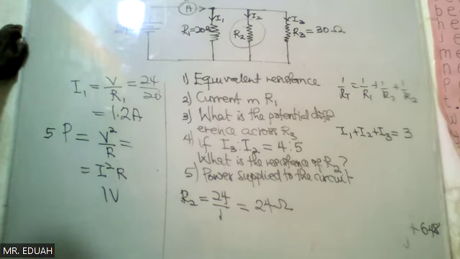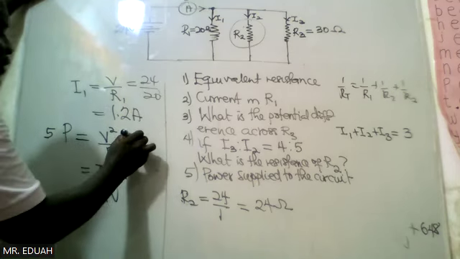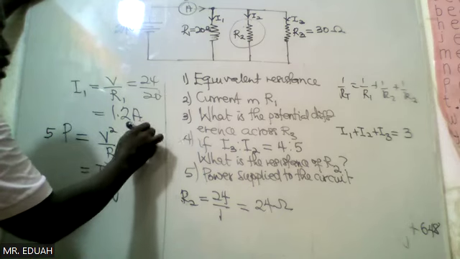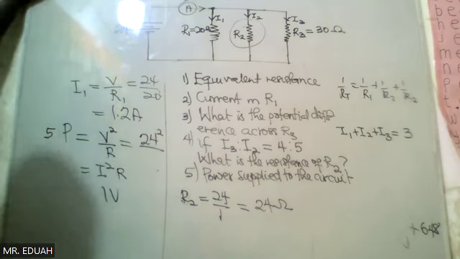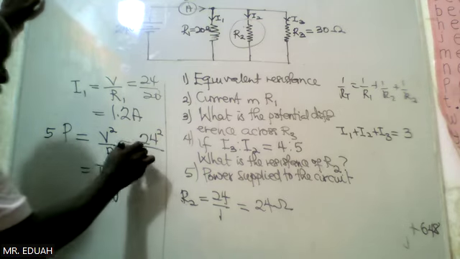If we are to use V squared on R, V is 24 squared. What is the total resistance or the equivalent resistance? 8. So 8.